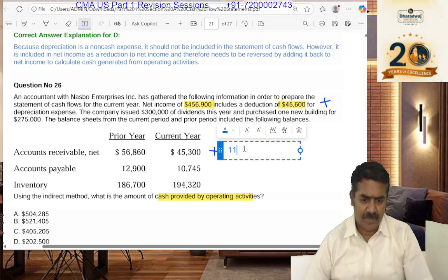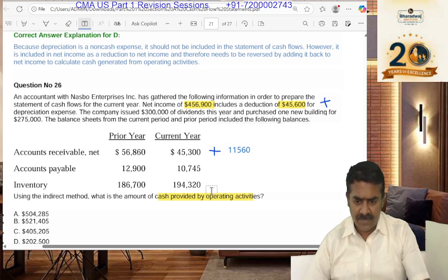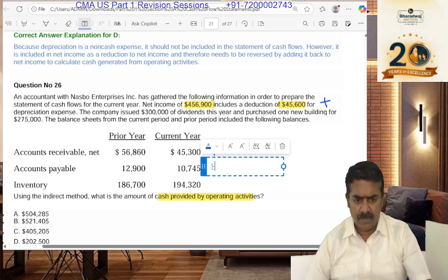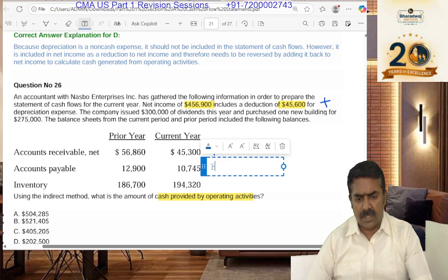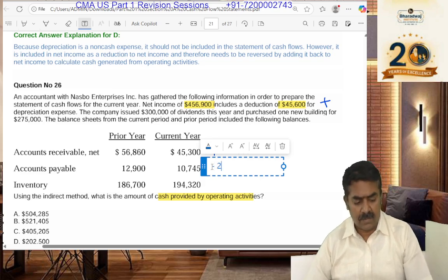The 1,005. Accounts payable decreased, minus. 12,900, 10,745. How much decreased? 1,500.